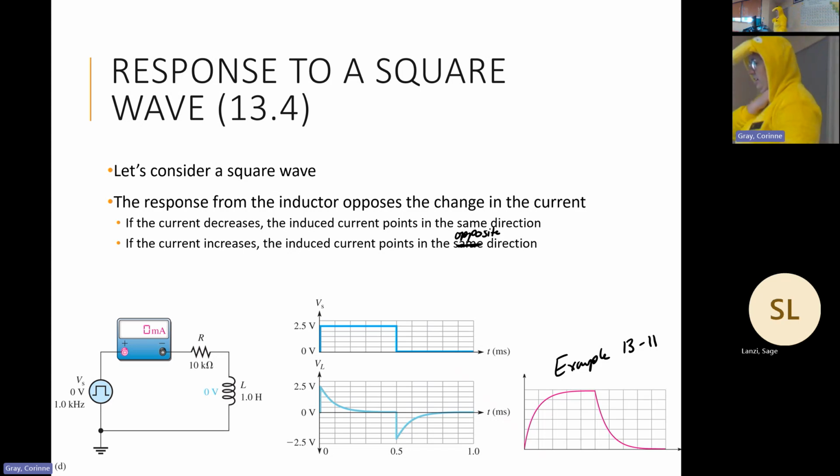With it, it is responding to a similar square wave. With this decreasing part here, this is where we're keeping this flat.